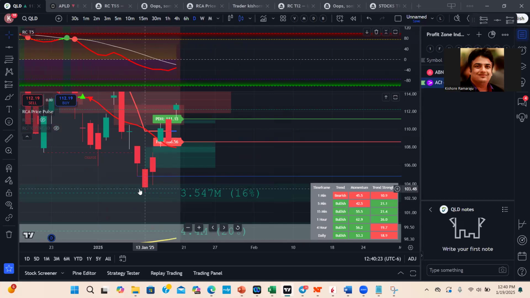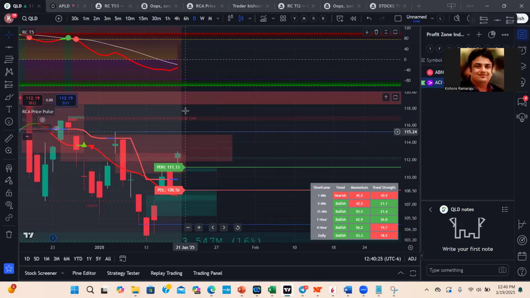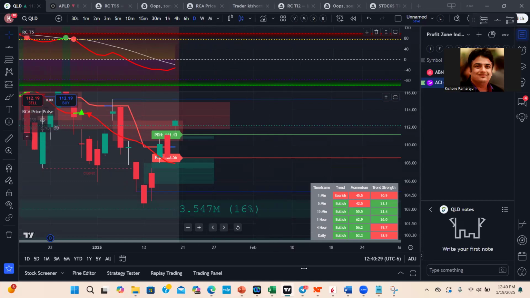So from $102 to 116. Yeah, it works for indices, it works for ETFs, but it is not for day trading, right? This is more for swing trading.